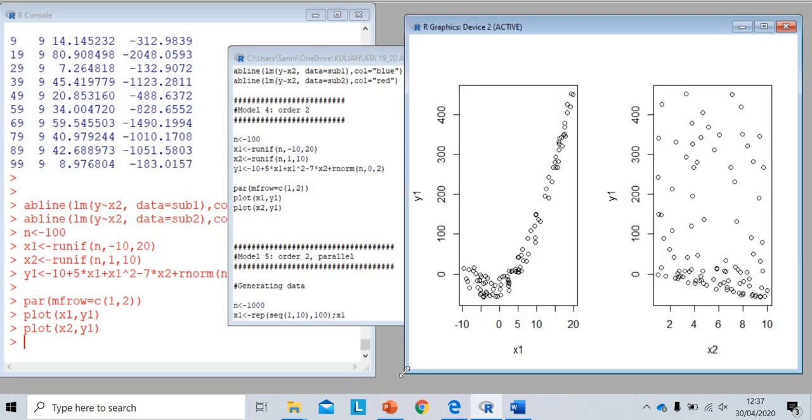In this case, it seems like there's a quadratic term for x1, while x2 is not really clear, but probably I'll just choose a simple one, a first order term for x2, although this is quite scattered. Not to make it too complicated, I just choose a straight line for x2, but a quadratic term for x1.